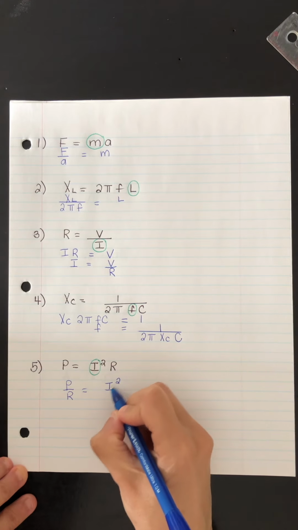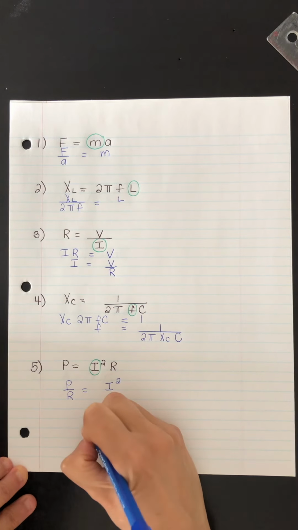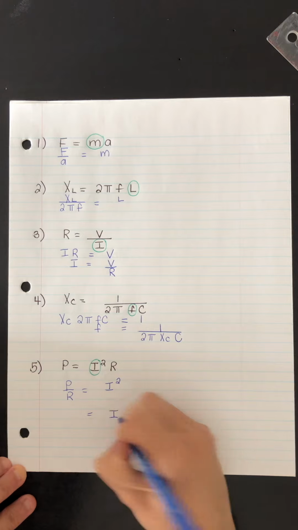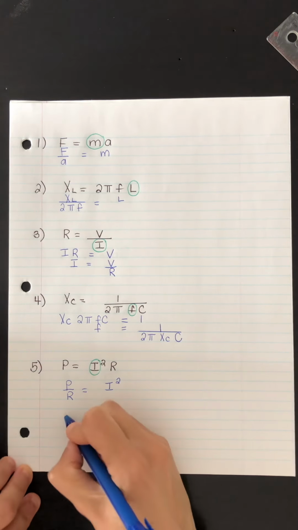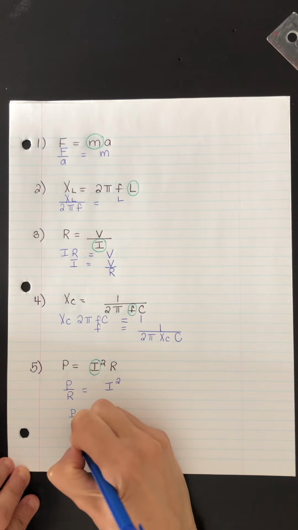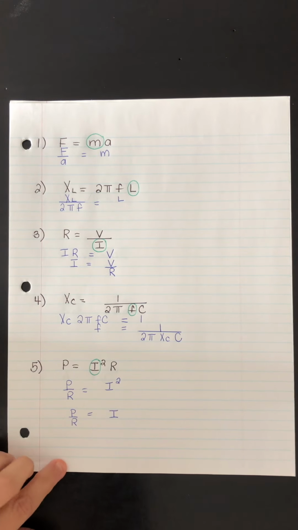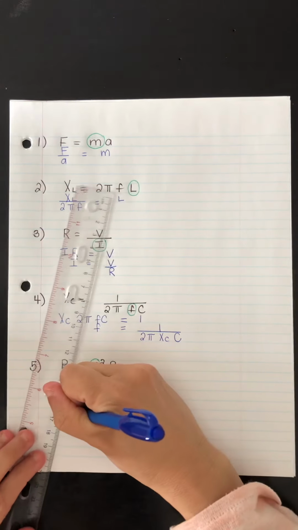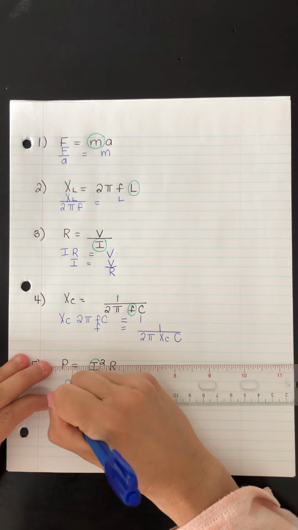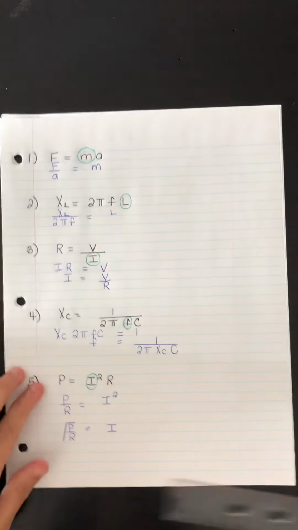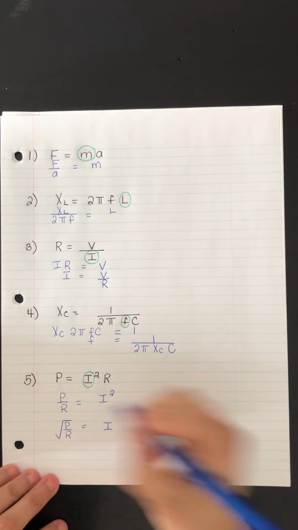How do you go from I squared to I? This is when you take the square root. The opposite of squaring is square rooting. So P over R will now be under a square root sign in our final answer, like that.